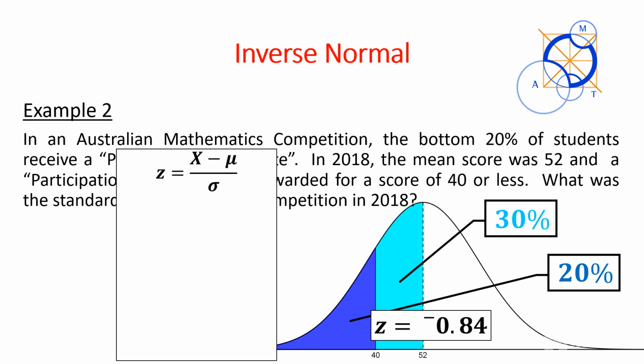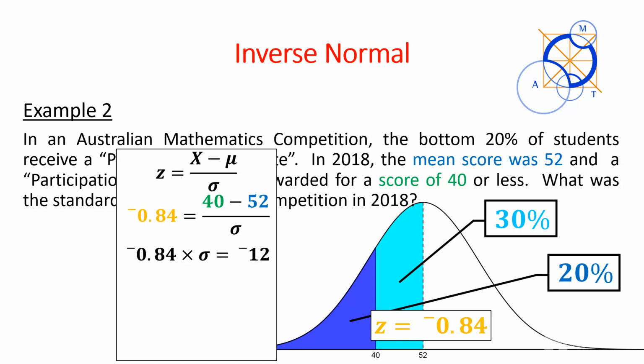Now we can go to our standard normal distribution formula, z equal to x minus mu over sigma. Let's chuck in what we know. We know the z value is negative 0.84. We know our x value is 40, and we know our mean is 52. Now we're just going to rearrange this to find sigma, the standard deviation.